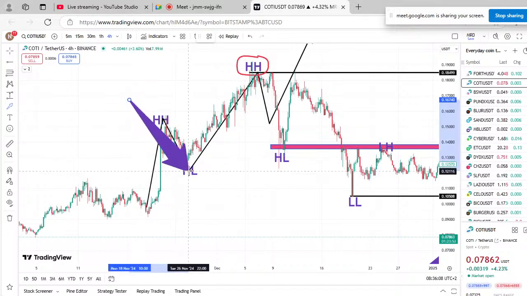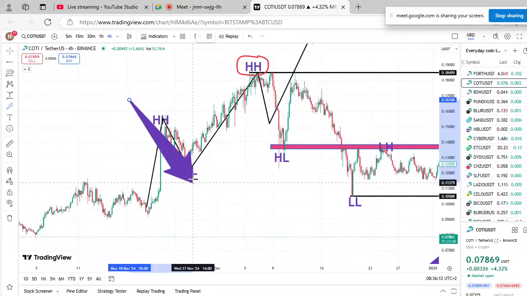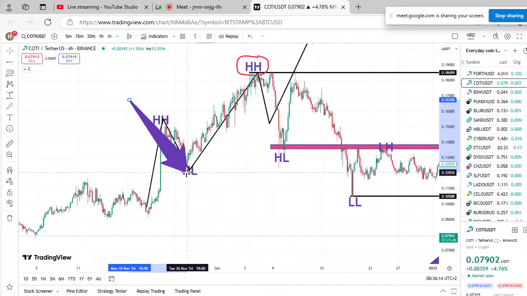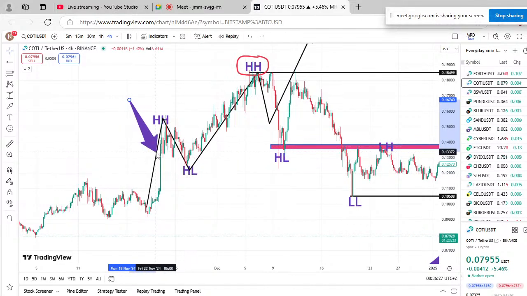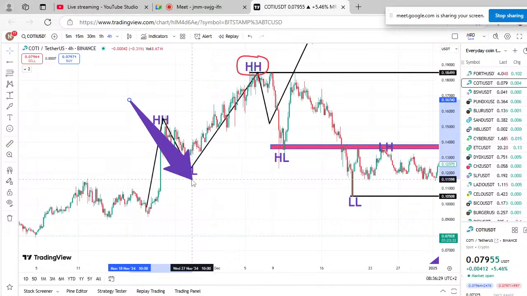We mark them because they are very important. Before breaking this higher low, there is no confirmation. If we don't break this previous higher low, there is no confirmation for you to trade. Okay? It is very important.